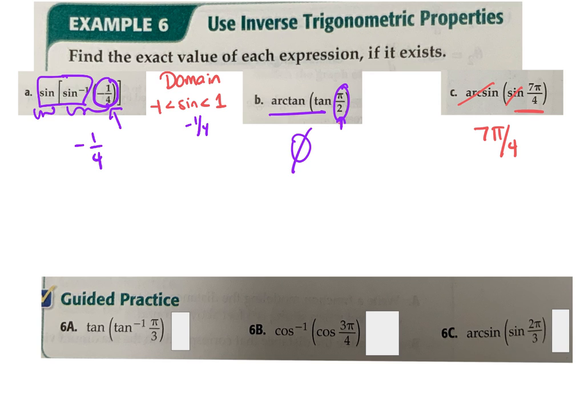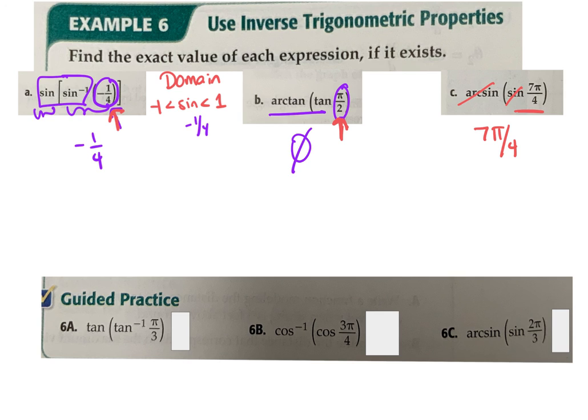All you're having to determine is, does it work on the inside? Is the inside part of the arctangent domain or is it part of the original domain? Then yes, they're going to cancel each other out. Okay? So when you do an inverse with its function, they cancel each other out as long as there's not a problem already built in there.